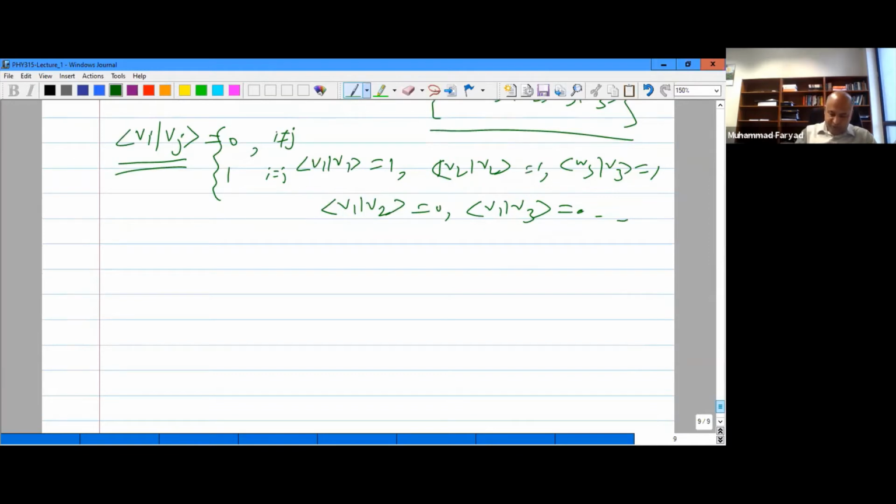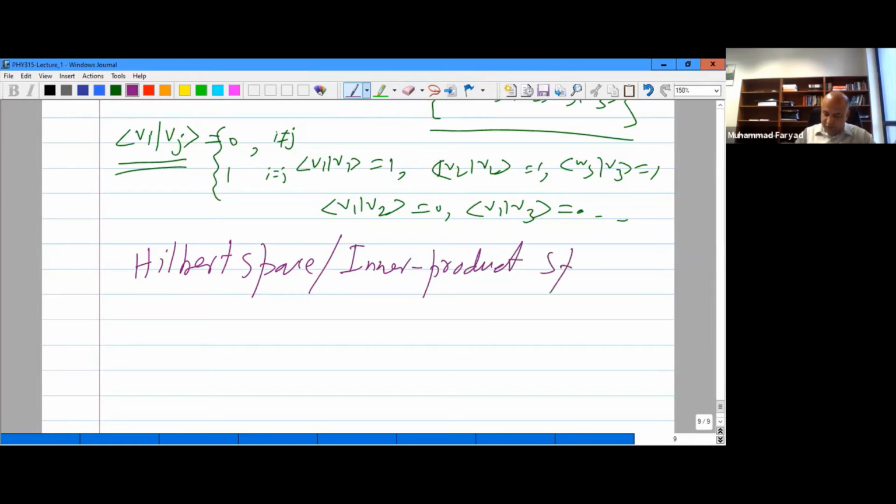Okay, so the next concept that we need is that of linear operators. But by the way, before I go, let me discuss one important thing: there is a special vector space which is used a lot in quantum mechanics, and it's called a Hilbert space. It also has another name, inner product space.